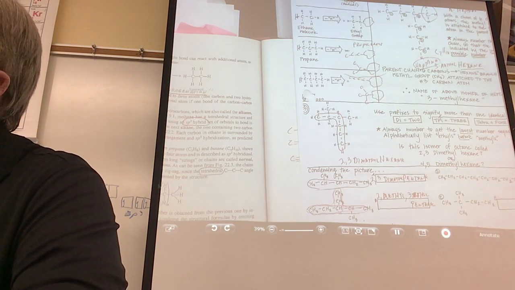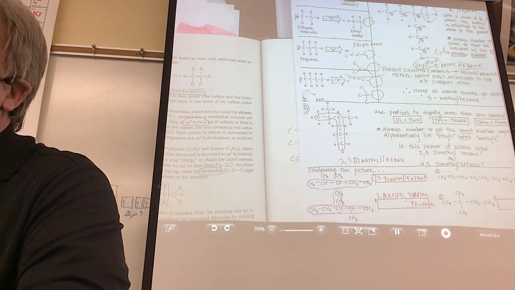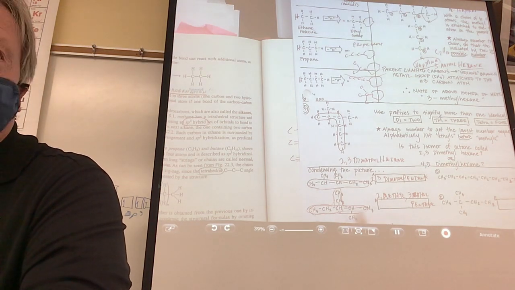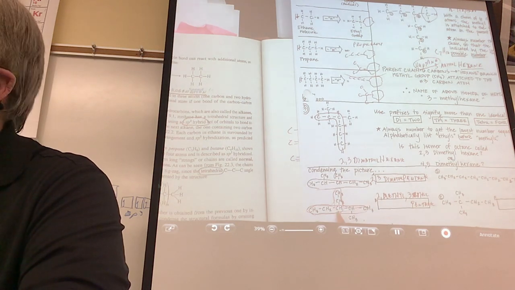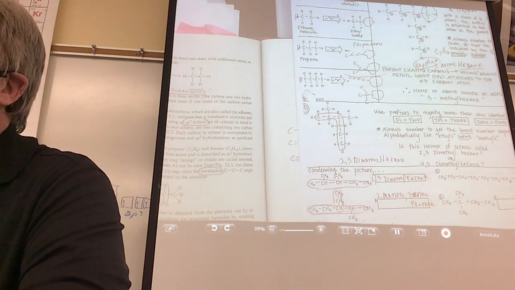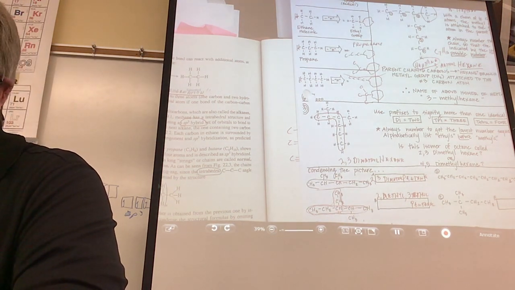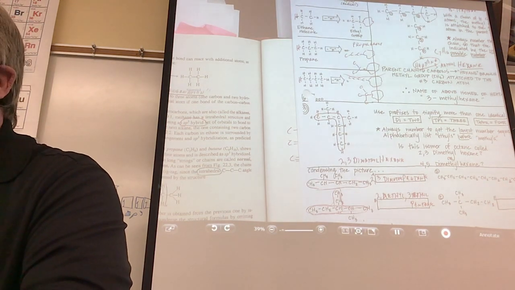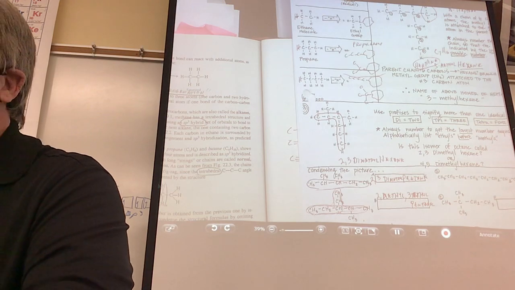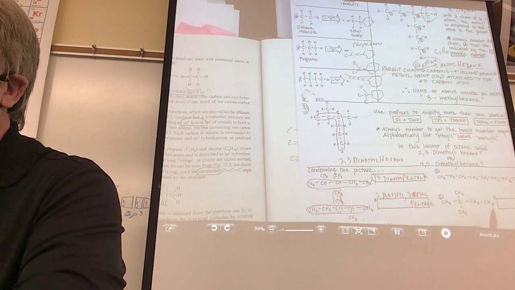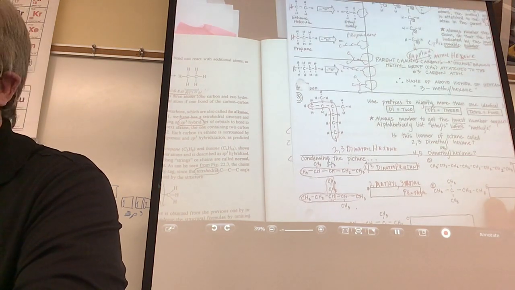But I don't have to do an alphabetical order if they're on different carbons. If they happen to be on the same carbon, you got two different branches on there, they usually like to keep that alphabetical. Okay, so there are some things that are kind of weird. Calvin, that's good that you picked up on that, because as soon as we finish with that, I'll show you some branches, and then we'll come back to that, okay?